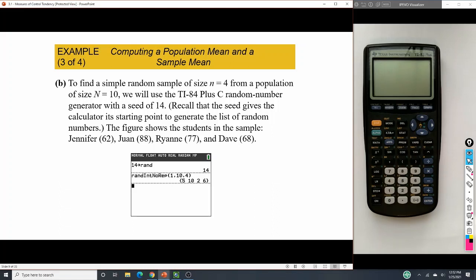Now, if we want to do a sample of 4, here they're doing a computer-generated sample. In your homework, they'll give you the numbers or the people to do the mean on, so you won't have to worry about doing that part. We're going to be able to jump straight to the problem and do our sample.